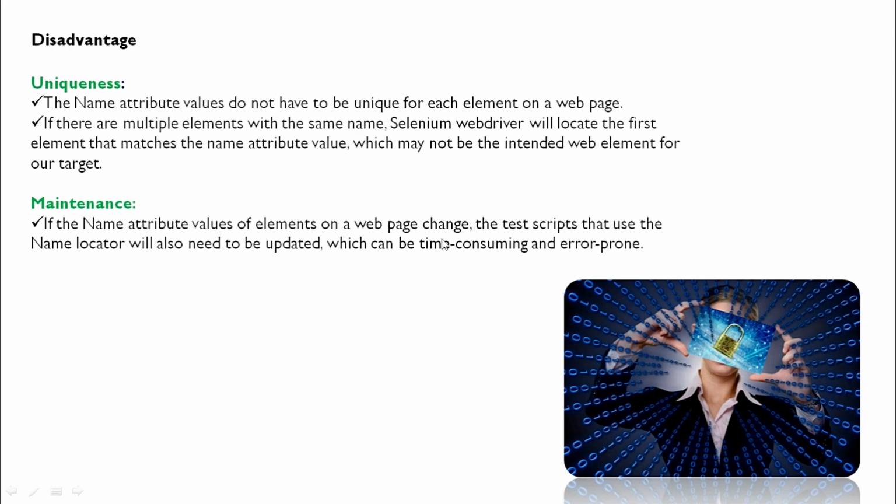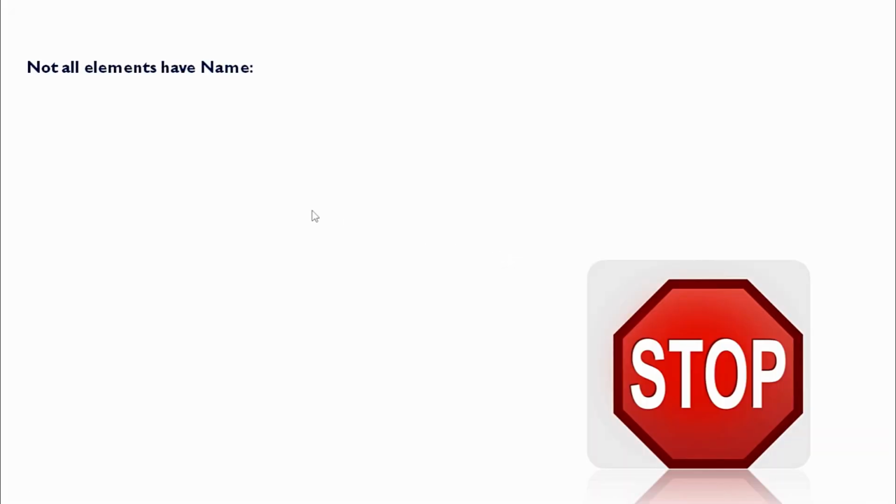So whatever test script is using the name locators, if the name attribute values got changed, then we need to update the name locator accordingly, and this will be a time consuming process.